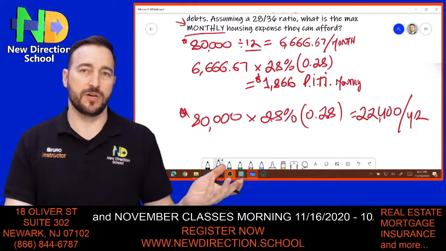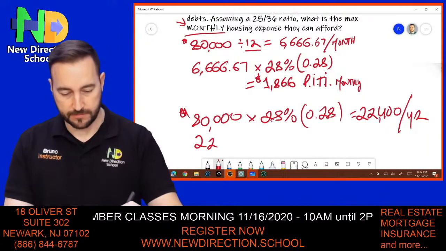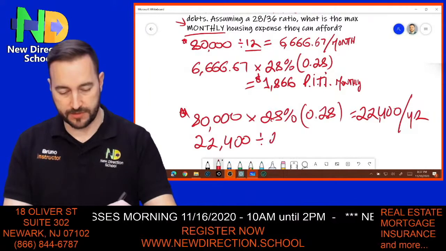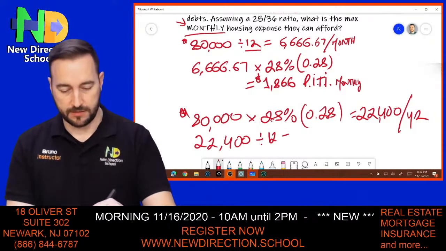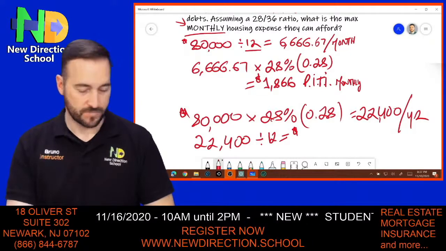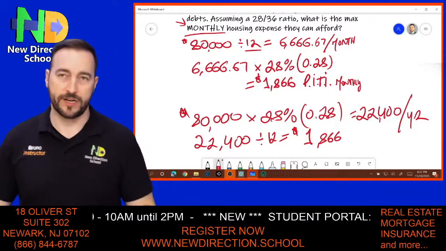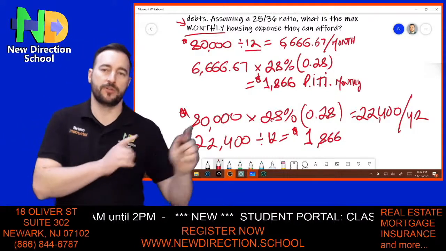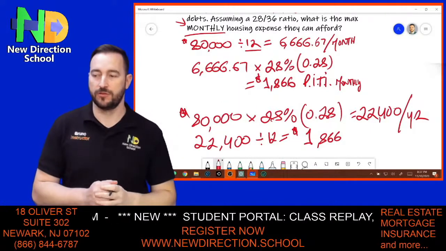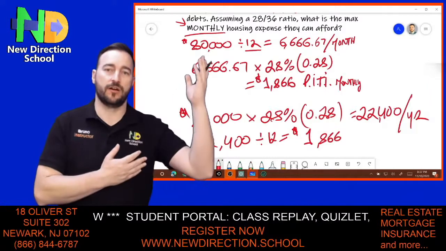Again, they're asking for monthly, so now you would have to take 22,400 and divide by 12. So it should give you the same amount. Cross check. Yep, 1,866. So whatever way you did it, just remember that at one point you need to divide by 12 because they gave you yearly, and you need to figure out monthly.